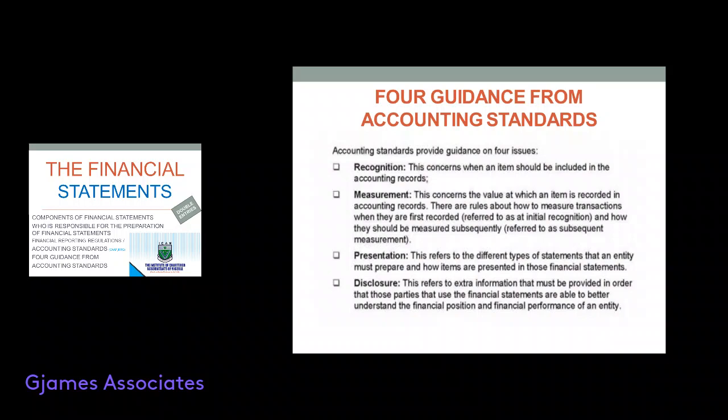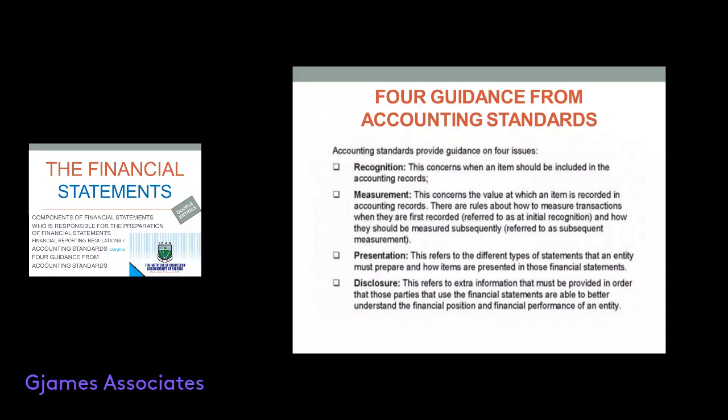Then when we are talking about measurement, this concerns the value at which we record a particular transaction. What measurement are we giving to the particular transaction? And it is important for us to know that a particular transaction can have different measurements.